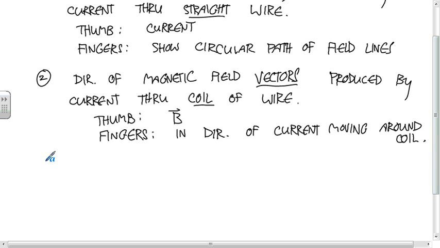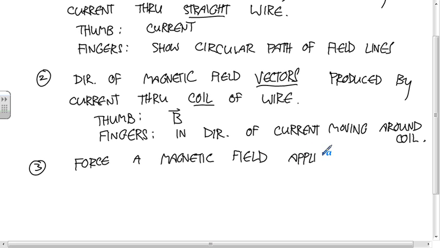And then the third one is calculating the force. Okay, let me rewrite this. So the force a magnetic field applies to a current passing through it. If a current goes through a magnetic field, the magnetic field applies a force to the current.